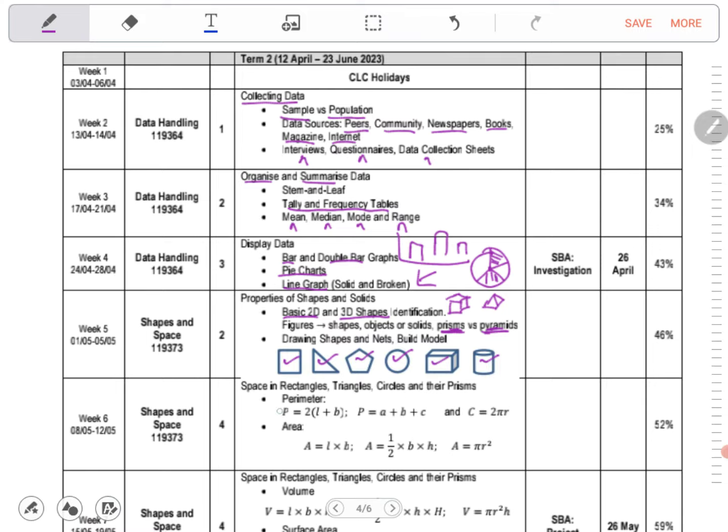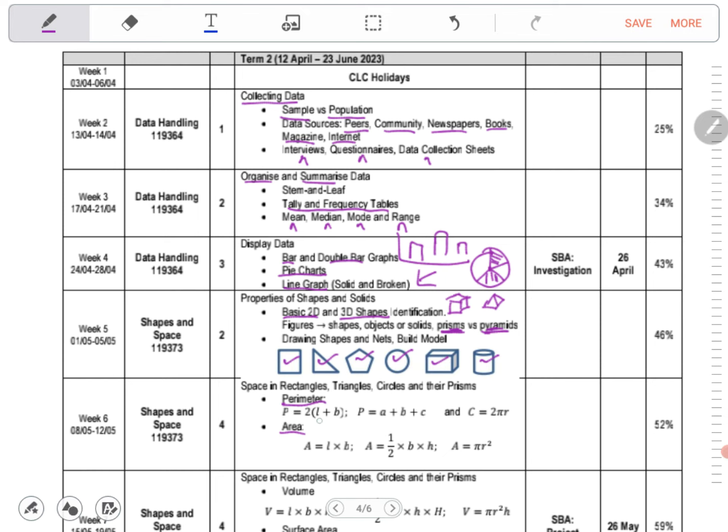And then next we deal with calculations of space and shape. One of the calculations that we have to deal with is the calculation of a perimeter, which is the distance around the shape, and an area, which is the space inside a flat shape. So these are formulas of different shapes.